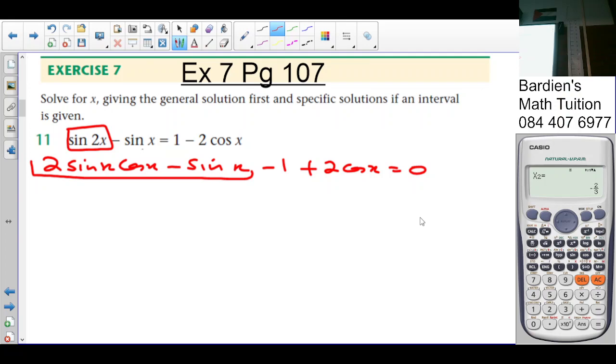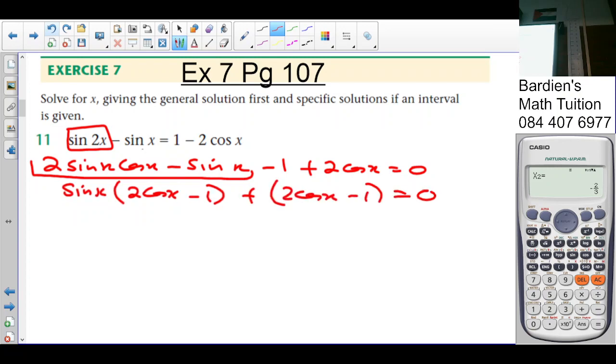Okay, I'm just going to interchange this here. What is common here? Sin x. What are we left with? 2 cos x minus 1. We'll swap that around, it's plus 2 cos x minus 1 is equal to 0. What do we do now?